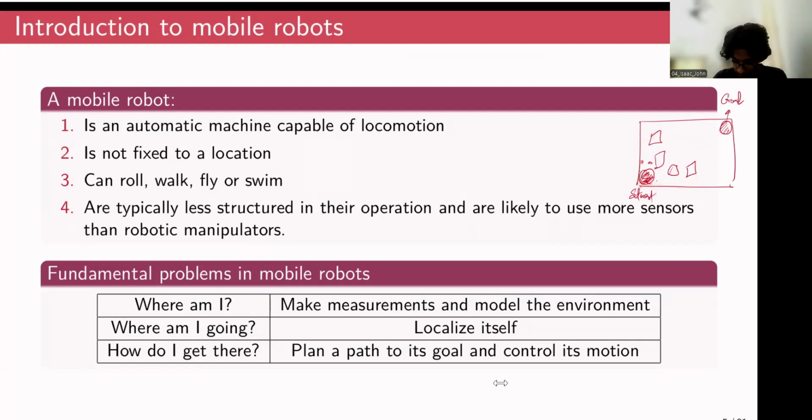Once it does that, it has to localize itself within the environment. Once it has created a map or a partial map, it should also identify its own position within that map it just created. That process is what we call localization.